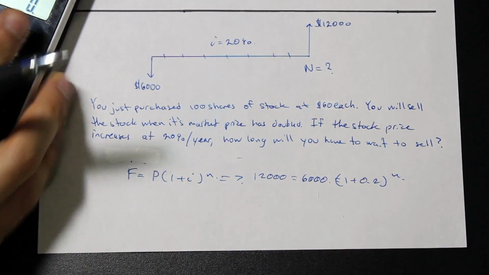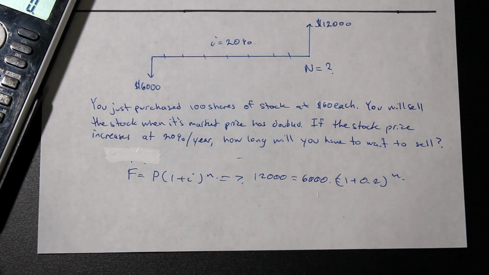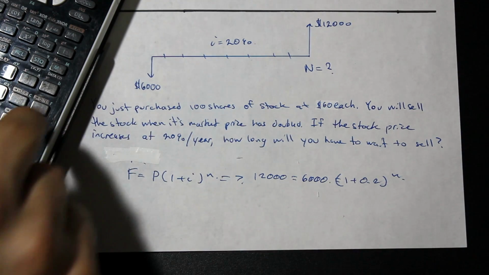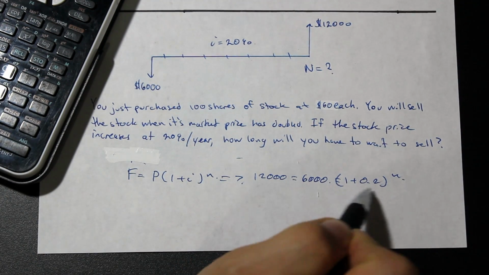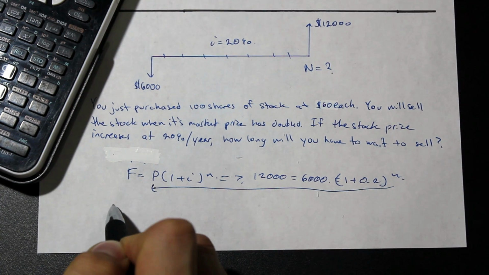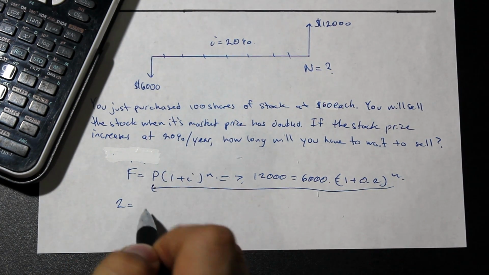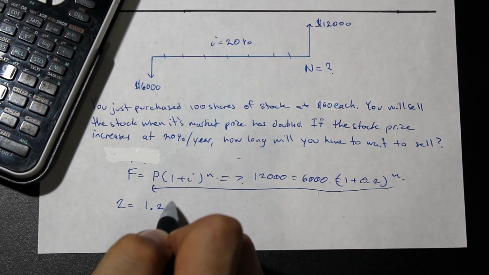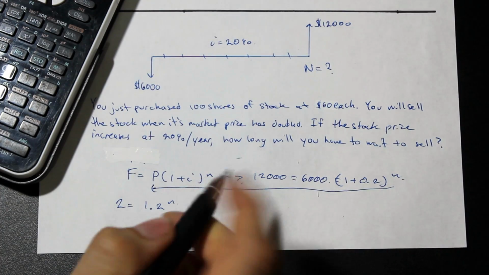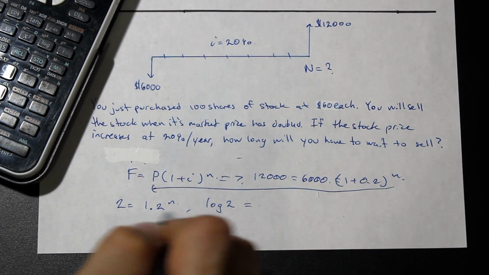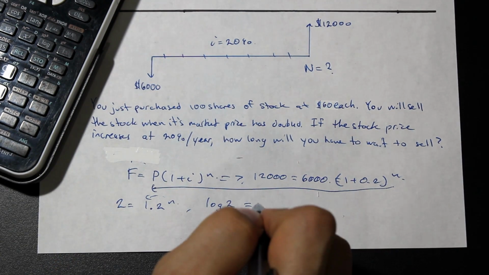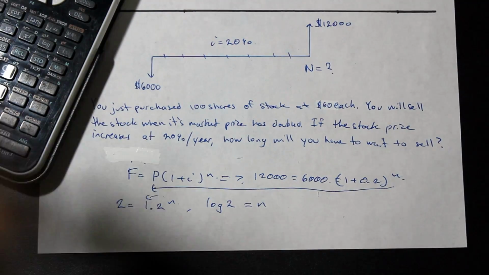So how do we do this? This just goes back to basic algebra. We're going to divide both sides by 6,000, so we have 2 equals 1.2 to the n. If we take the log of both sides, so we have log 2, that's going to allow the n to come down, because when we take the log, we can take the exponent and move it down in front of the log.